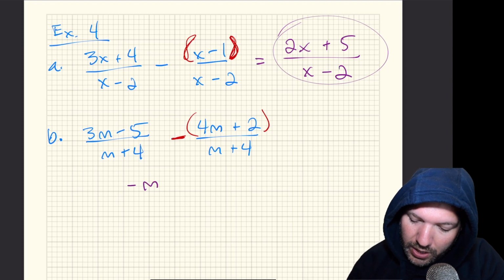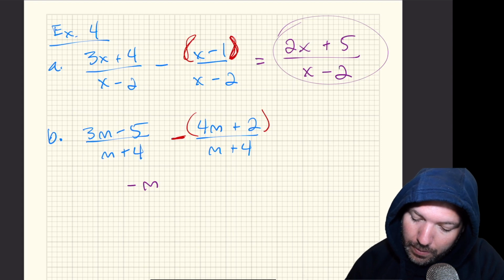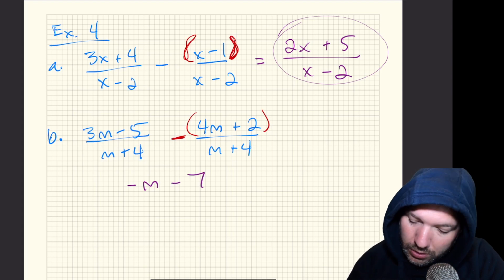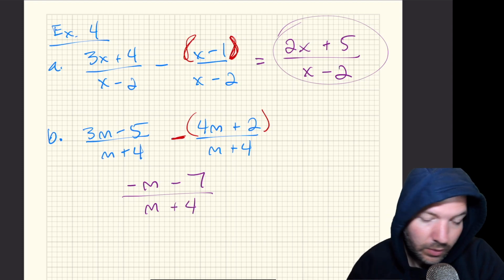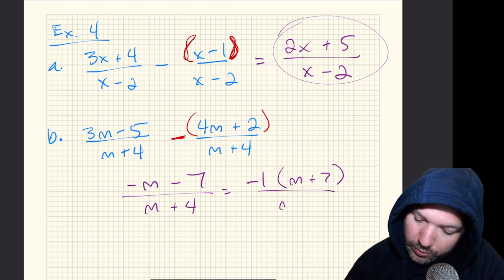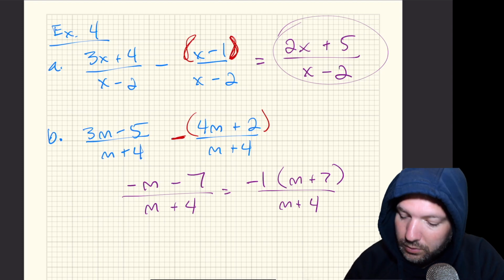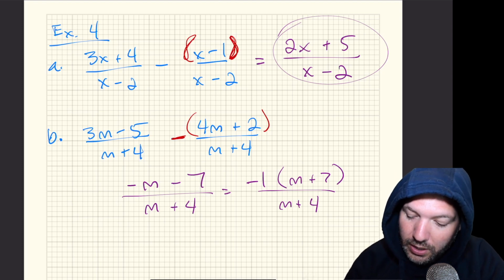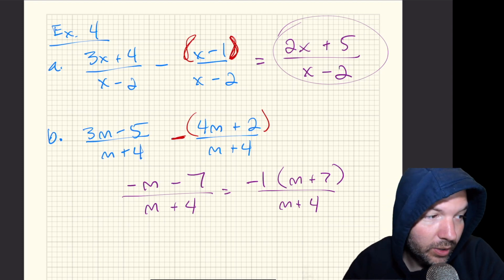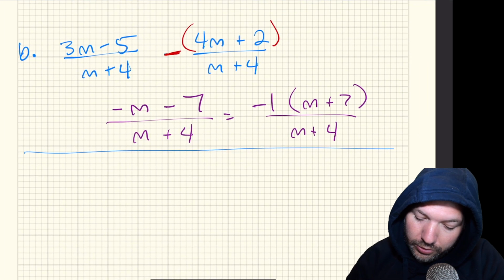So 3m minus 4m is negative m, minus 7, divided by m plus 4. If need be, I could factor a negative 1 out of that numerator because I noticed both of the terms were negative, but it wouldn't materially change anything. Nothing cancels, no common factors, and so that's that. Take a moment and work out Check Your Progress 4a and 4b on your own.